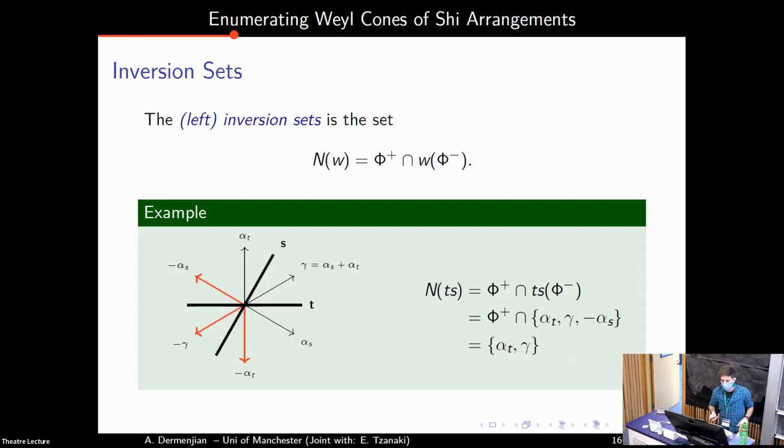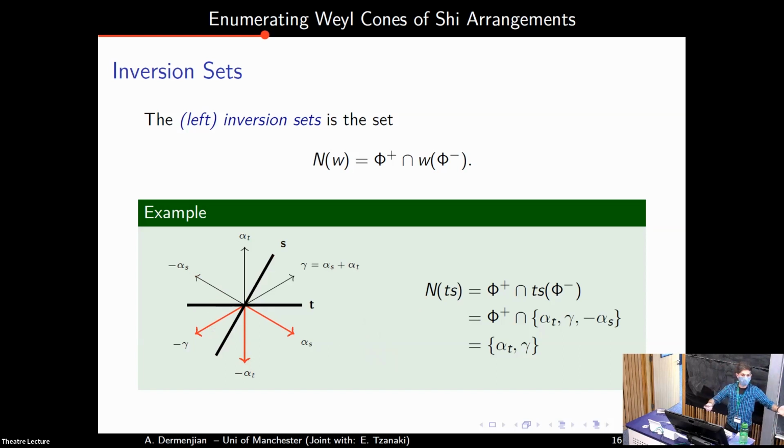Let's look at an example. If I look at the element TS, I'm going to take my three negative roots, one, two, three, and act on them by TS. First I act on them by S, so I flip everything over by S, and I'm left with these three roots, the ones pointing downwards.